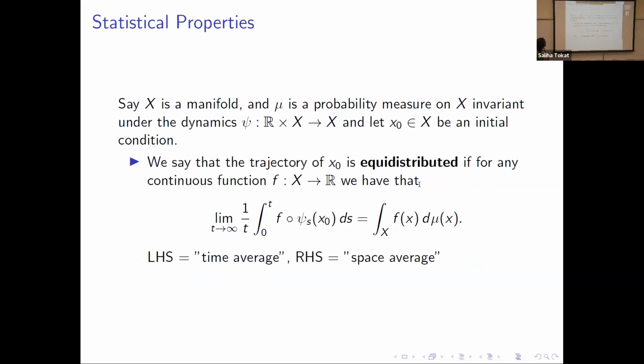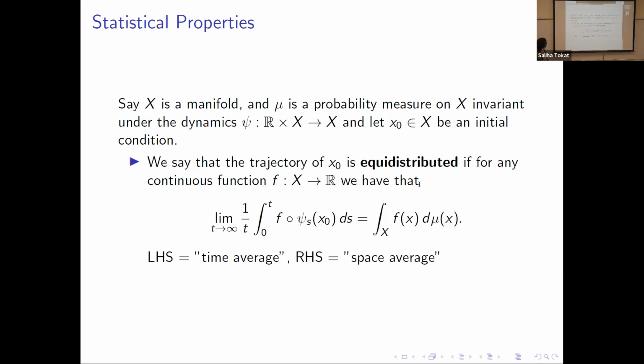Now for these statistical properties, let's say X is a manifold and mu is a probability measure on X, invariant under the dynamics of psi, and x0 is the initial point. We say that the trajectory of x0 is equidistributed if this equation holds, where f is a continuous function.